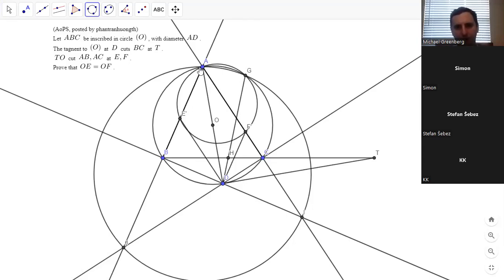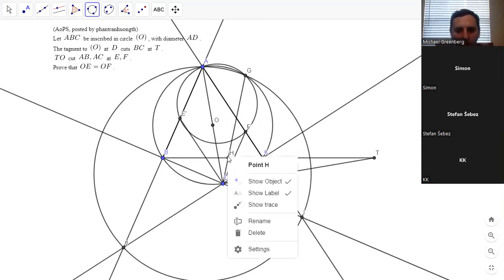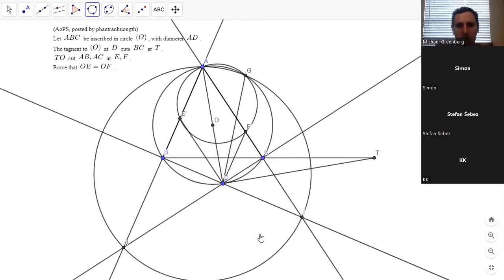And then how do you know that GBDC is harmonic? Is that obvious? BC, JI, and AG concur by radical axis theorem.